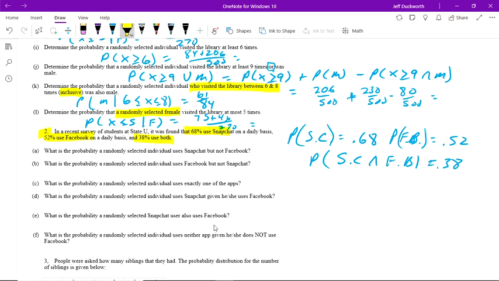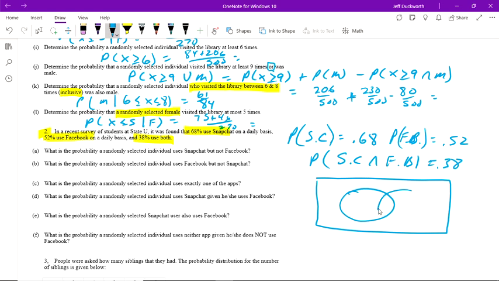All right, part A, the probability a randomly selected individual uses Snapchat but not Facebook. Well, I drew a Venn diagram. So our Venn diagram will look something like this. Our intersection we do first. So Snapchat, Facebook. The intersection is this part in the middle there, and that is 0.38.